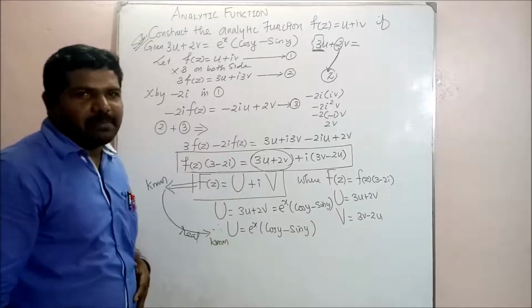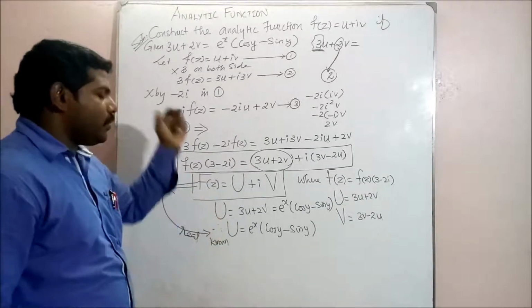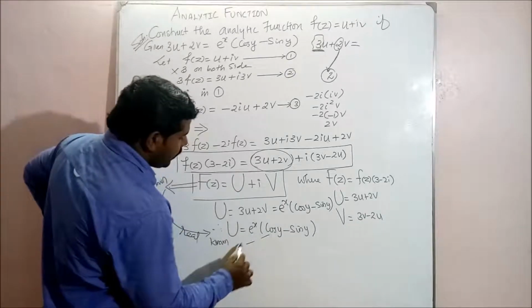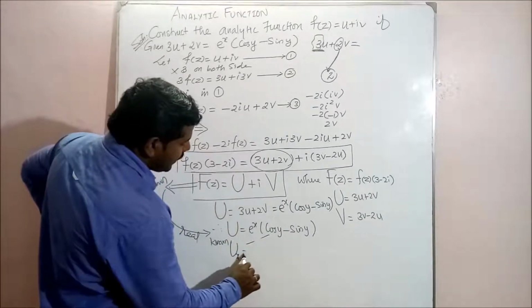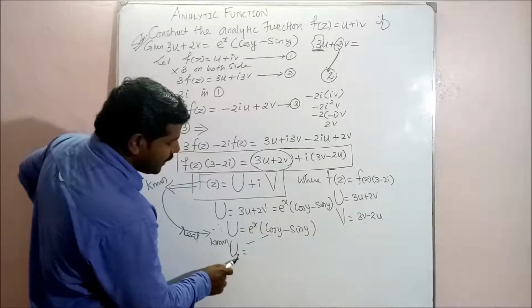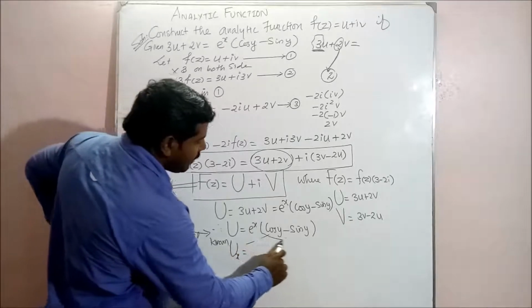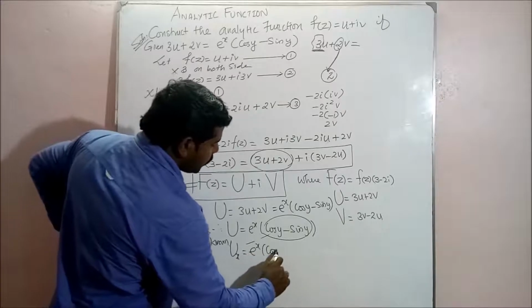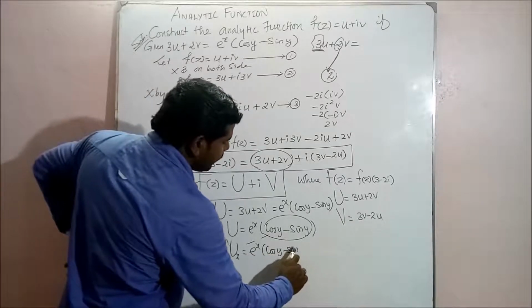So using Milne-Thomson, இந்த U வச்சு Milne-Thomson apply பண்ணணும் அப்படின்னா Ux calculate பண்ணணும். Capital Ux is nothing but partially differentiate U with respect to x. இந்த டேர்ம்ல x கிடையாது, அது அப்படியே தான் இருக்கும். e power x into cos y minus sin y அப்படின்னு வந்துரும்.